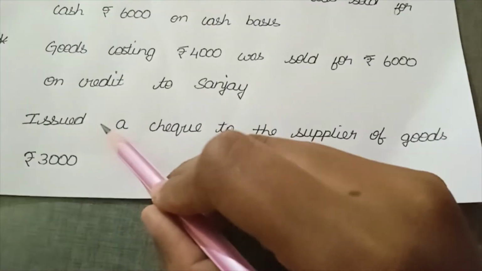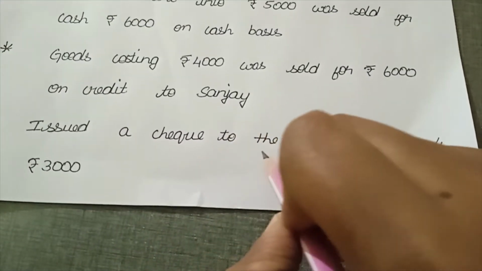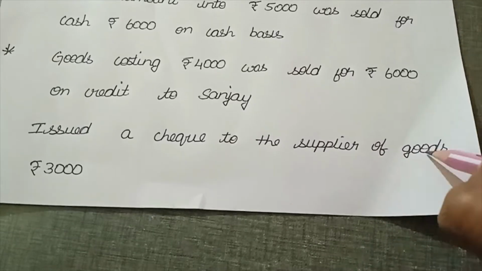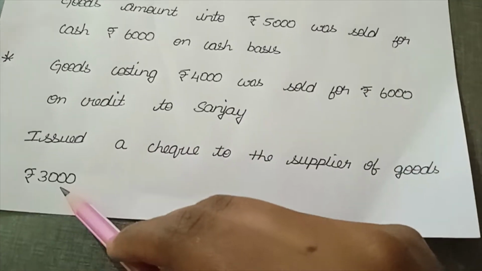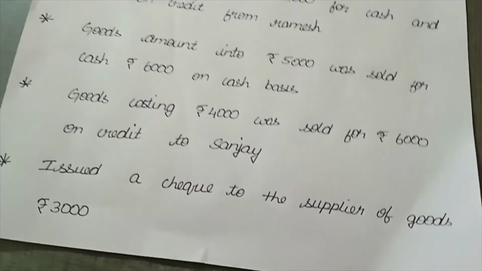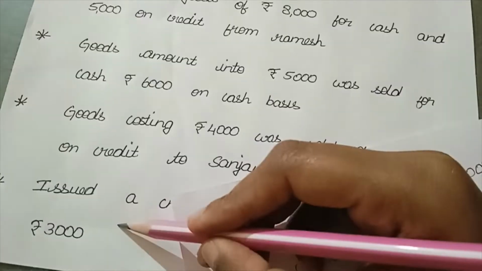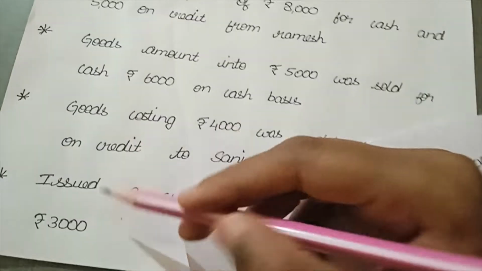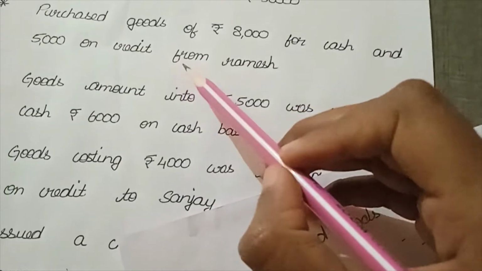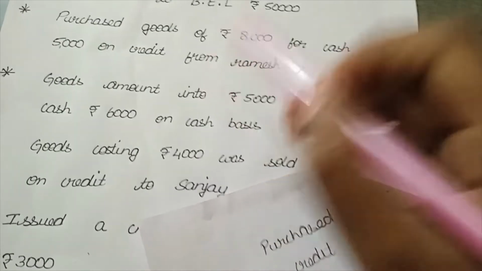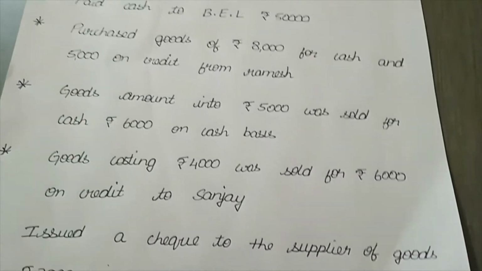Then issued a check to the supplier of the goods, that is 3,000 rupees. At the end, they are paying 3,000 rupees to Ramesh, who is a supplier. We are purchasing from him.